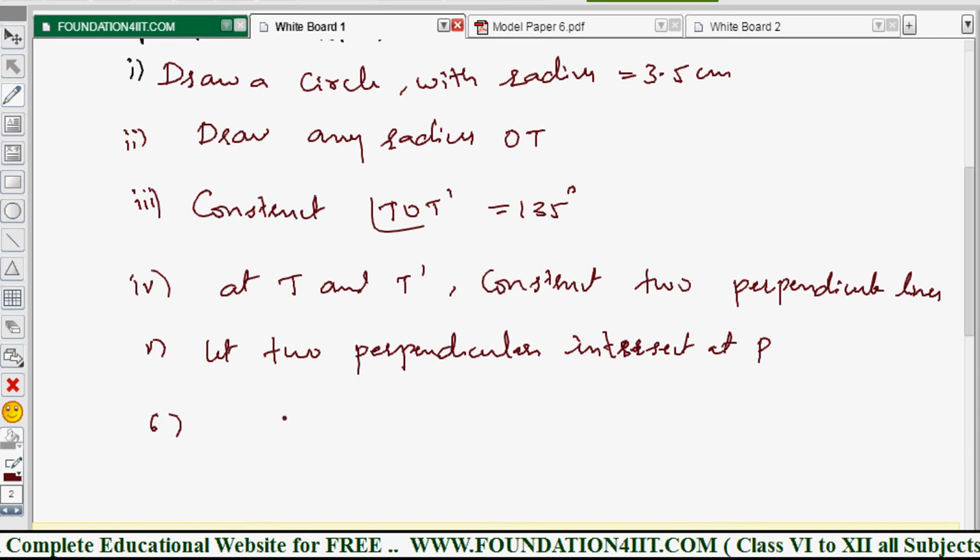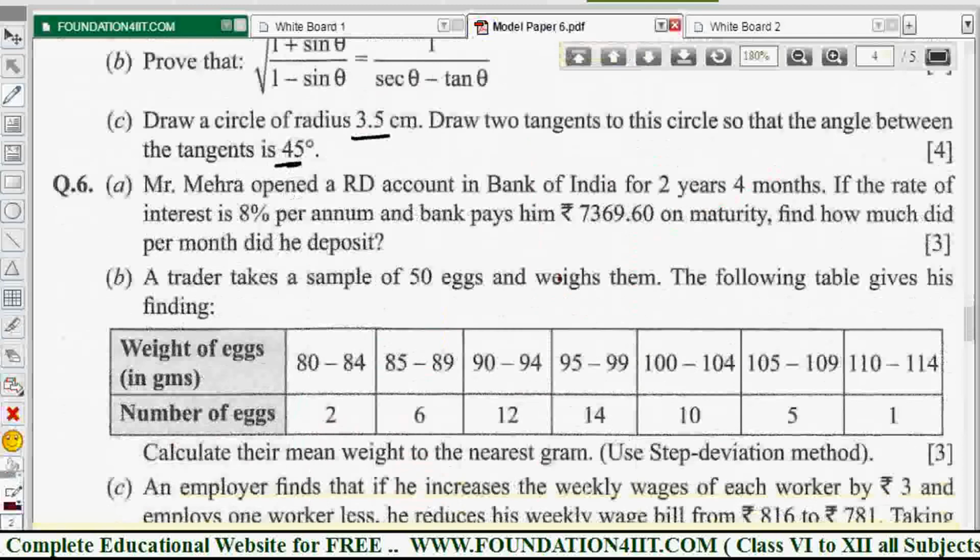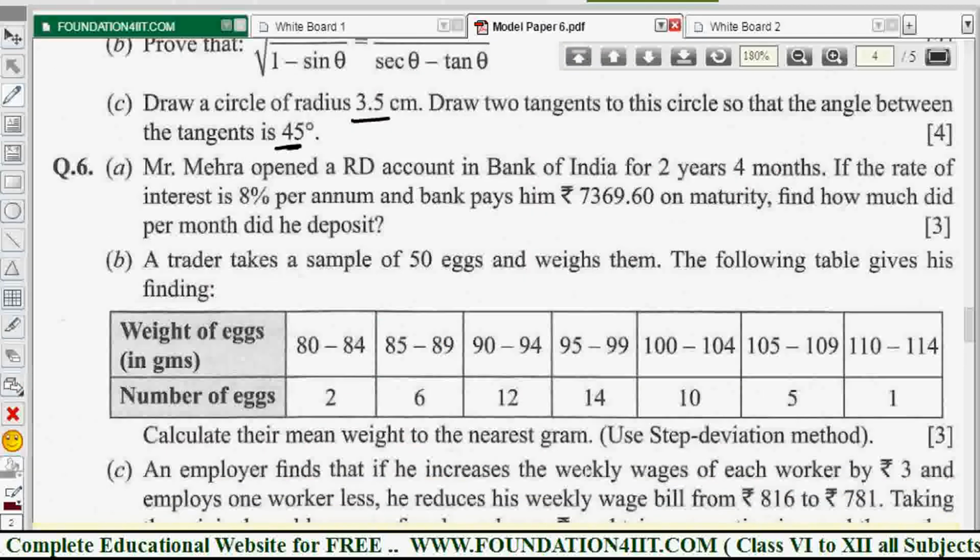PT and PT dash are two tangents. Therefore, angle TPT dash is 45 degrees. Okay, we'll get this. These steps you can do, and this is how to make the construction. I did the construction video separately on the same channel, so just go through it. This is about question 5. Now let us see question number 6 and solve those problems.